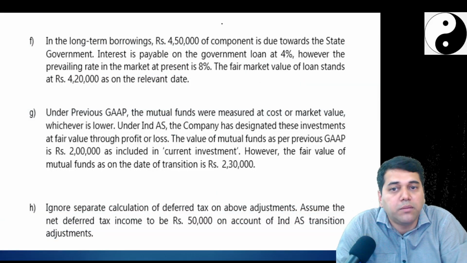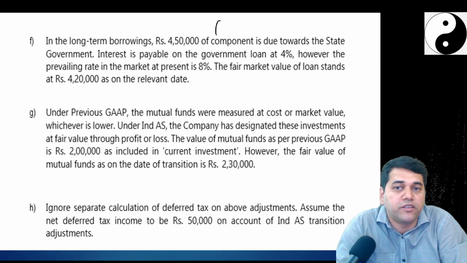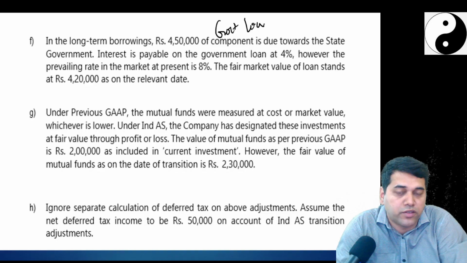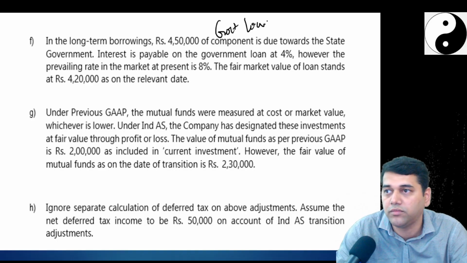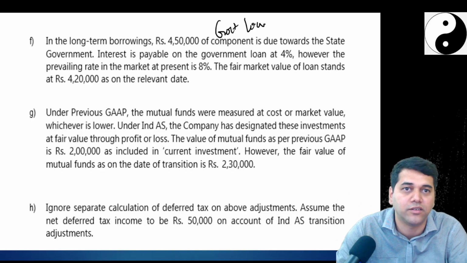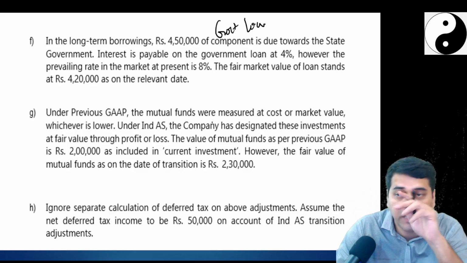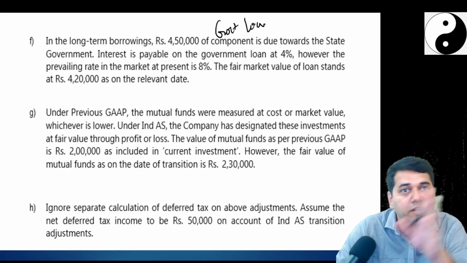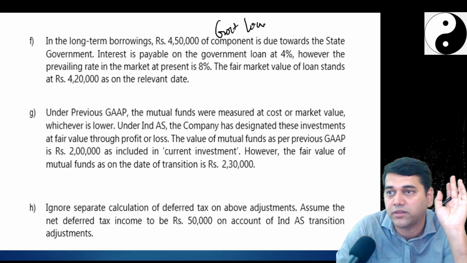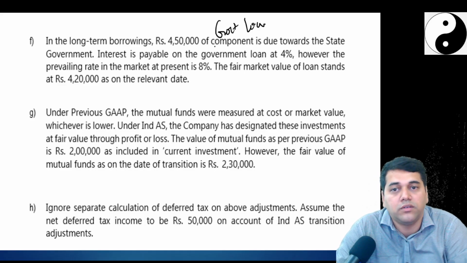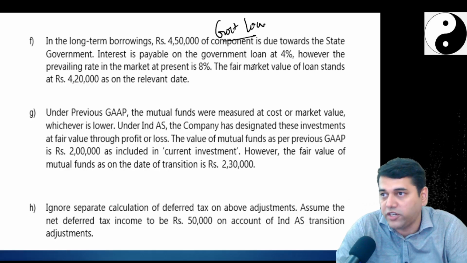Then comes the long-term borrowing component for the state government. This is the government loan, which was creating all the confusion till now. Maybe my one sentence in the chart. Now the standard says only one thing here, and it is very crucial, because in two different places we have seen different adjustments. Standard says, look, this loan, do you want retrospective?